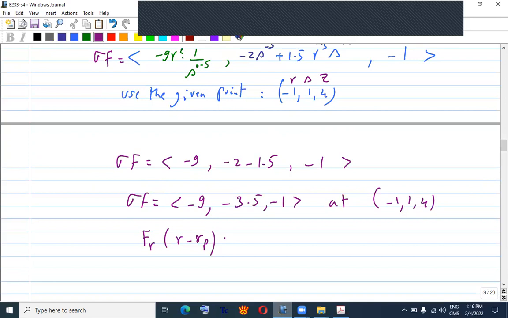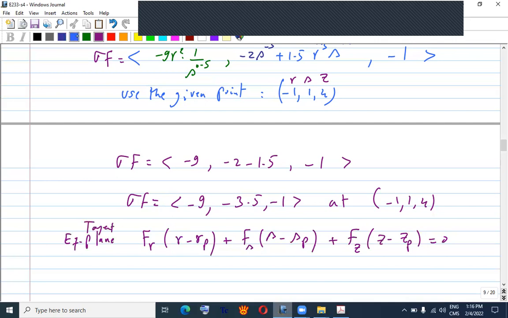I'm writing the general form, but you can avoid it if you feel it is hard. Instead of X, Fy, now Fs times S minus S of the point, you get it? Plus Fz times Z minus Z of the point, still with letter name Z. This is the equation of the plane now, and it's a tangent plane.